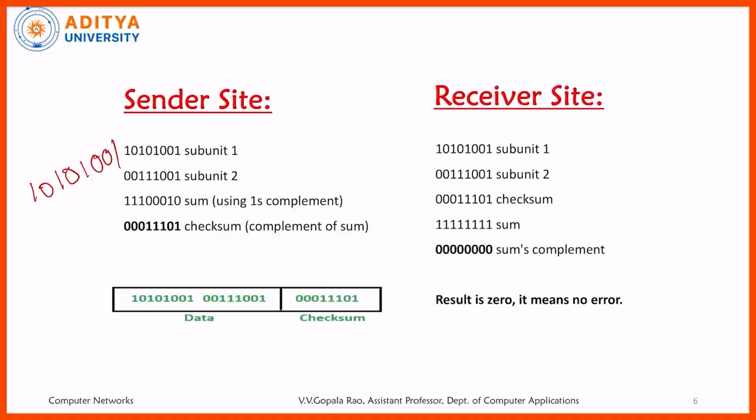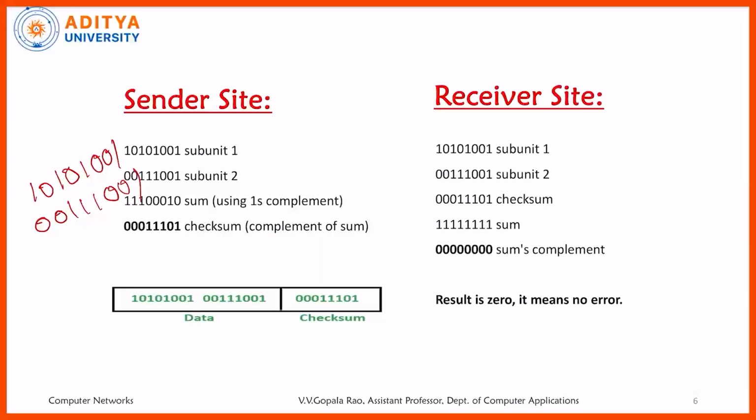Generally the maximum size is 16 bits, but for the simple example purpose I am showing you 8-bit subunits here, and one more subunit, which is 00111001. So, this is another subunit. Now you add these two.